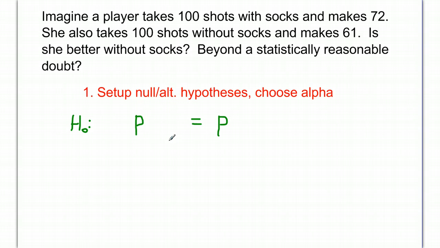Now, when you have two proportions, it's hard to know which one corresponds to what. So I like to give them a little label, such as socks or no socks, so I can tell them apart. I might also like to throw a number in there, like 1 corresponds to socks, and 2 corresponds to no socks, or without socks.